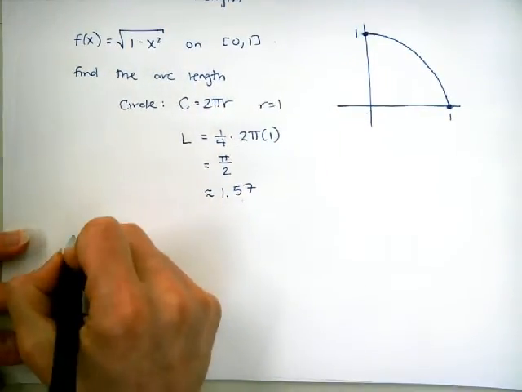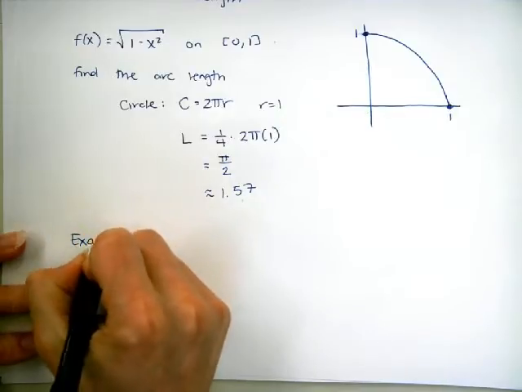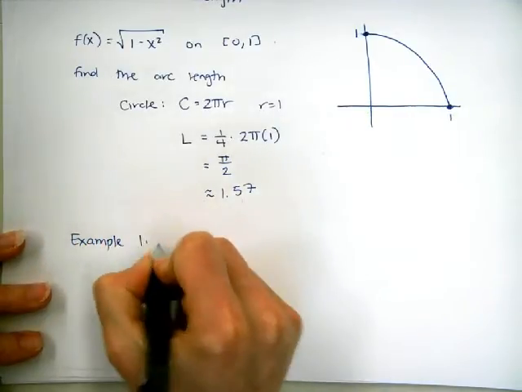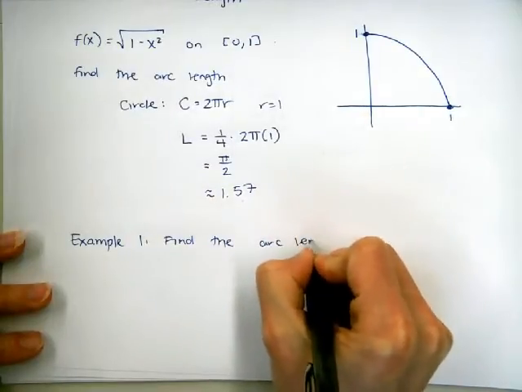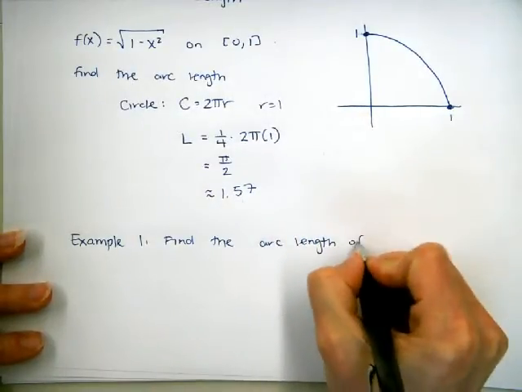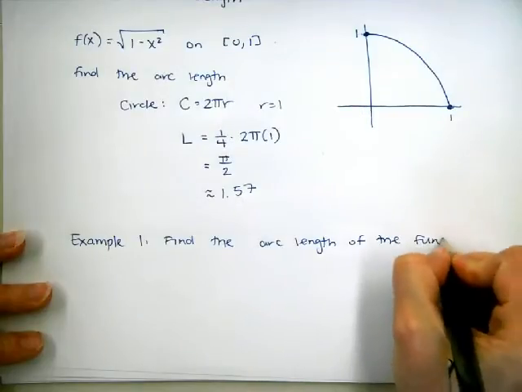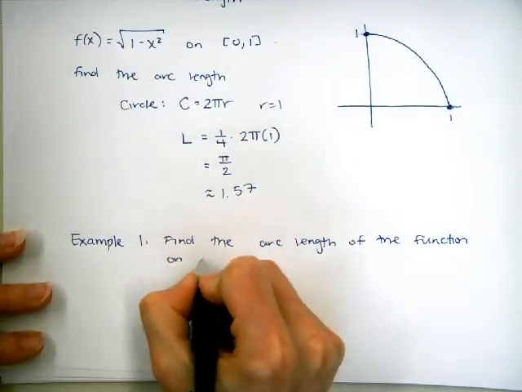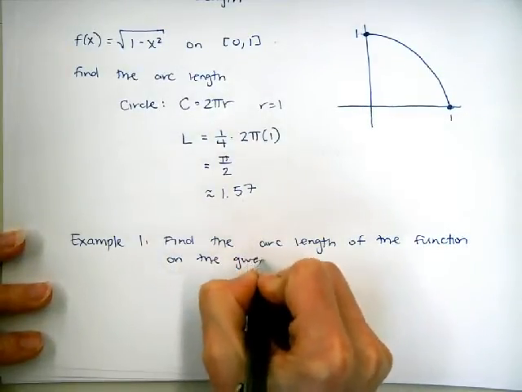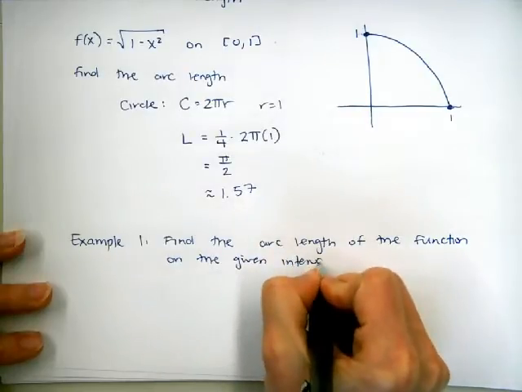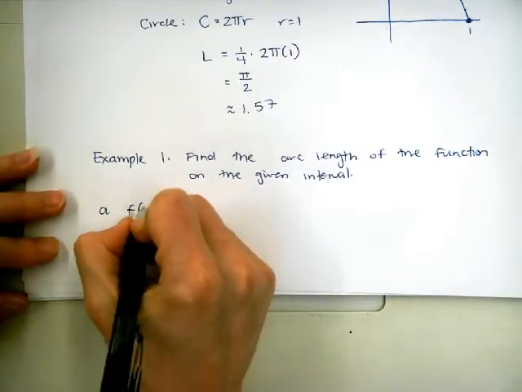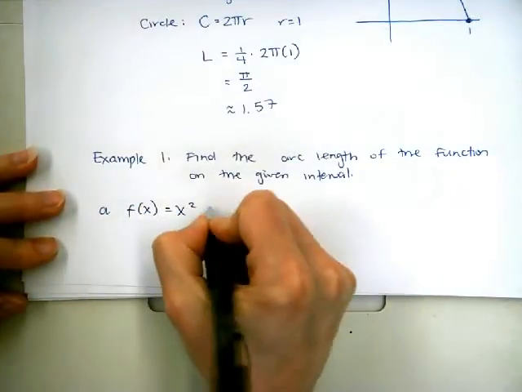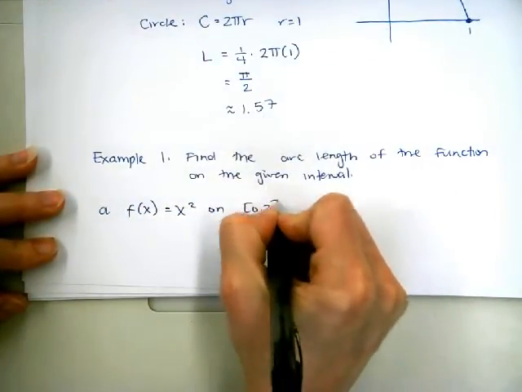So let's go ahead and write out example 1. Find the arc length of the function on the given interval. Okay, so let's start off with the function x squared on the interval from 0 to 2.